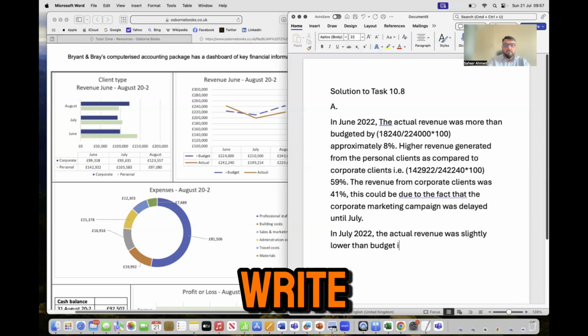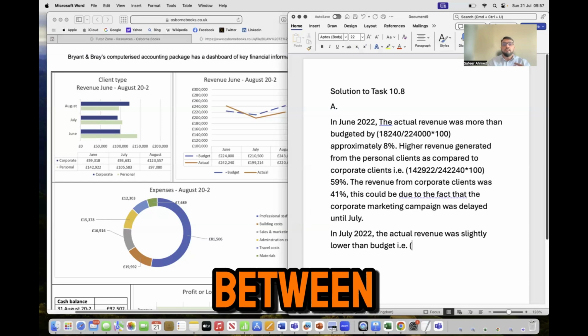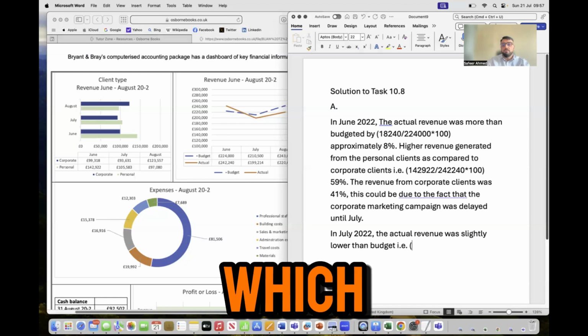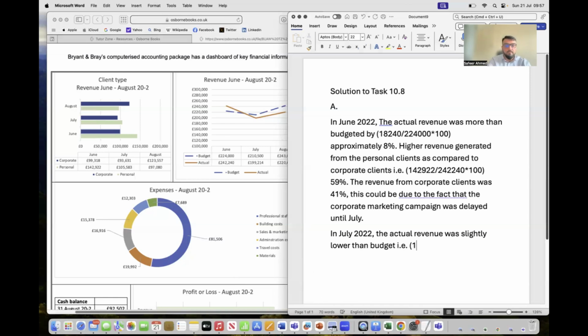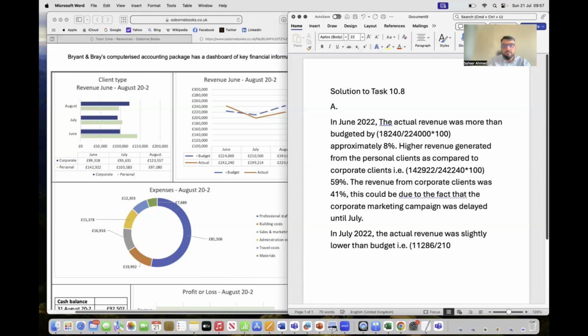And if you want to write the percentage, you can calculate it as well. The difference between the actual and budgeted: 210,500, which was budget, minus 199,214, is 11,286, divided by the budgeted amount, 210,500.